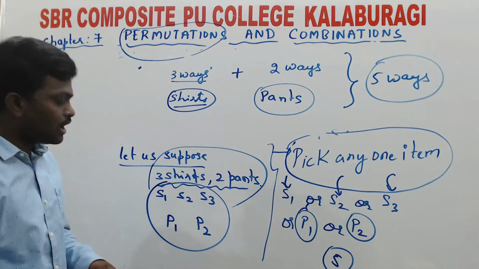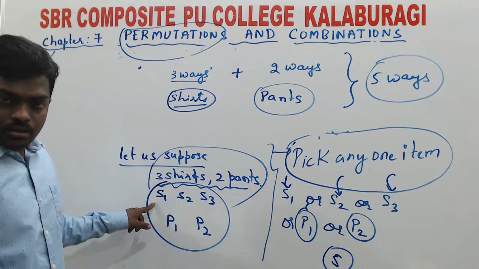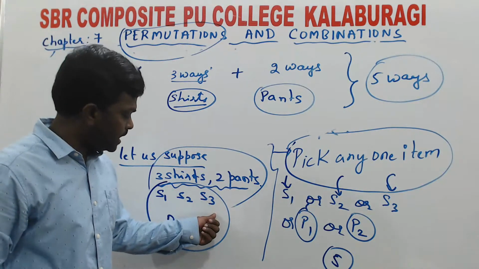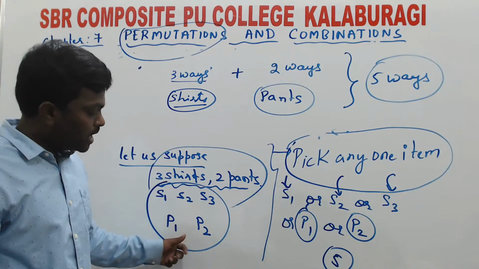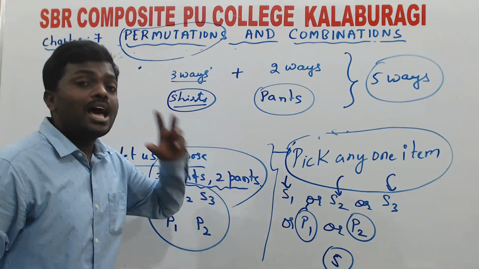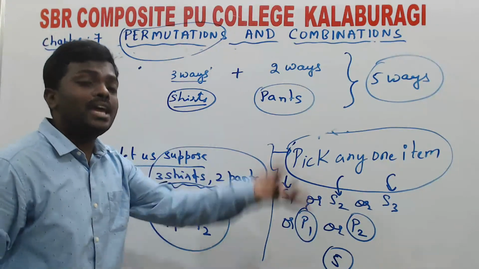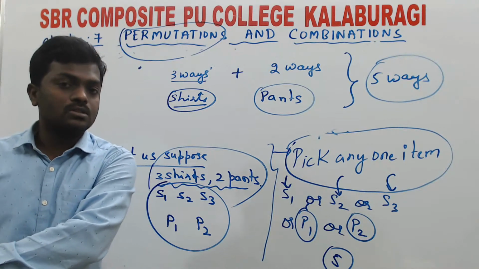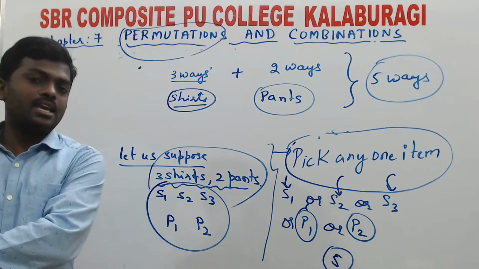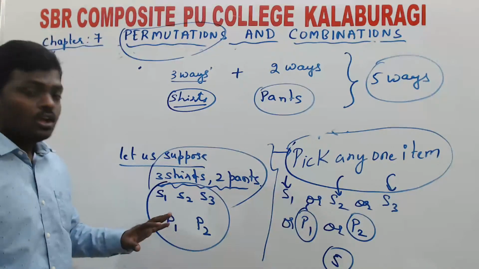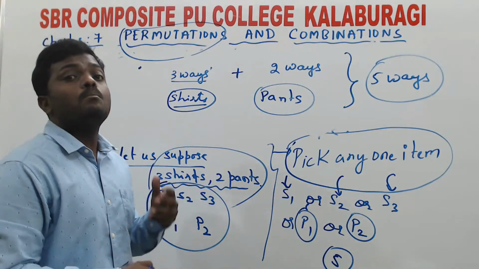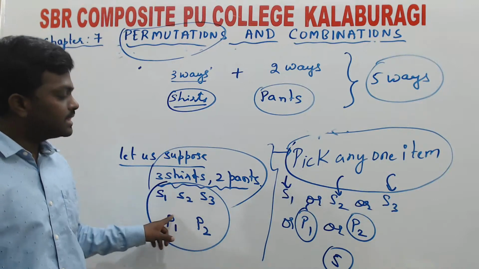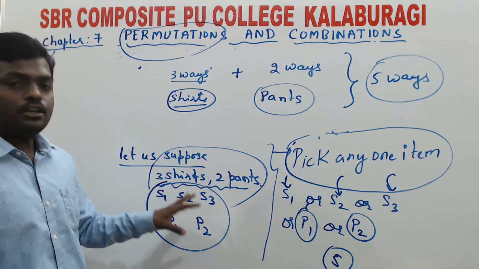He can take home shirt 1, or shirt 2, or shirt 3, or pant 1, or pant 2. We are thinking about how many ways he can pick, not which one he is taking with him. We are just thinking about the number of ways he can pick one item out of the three shirts and two pants.